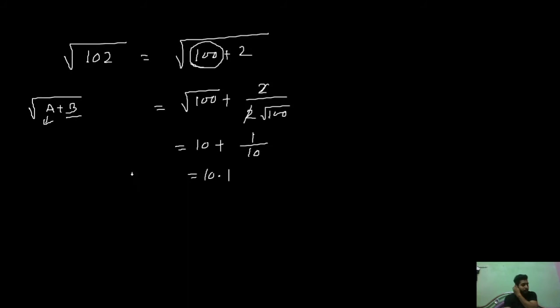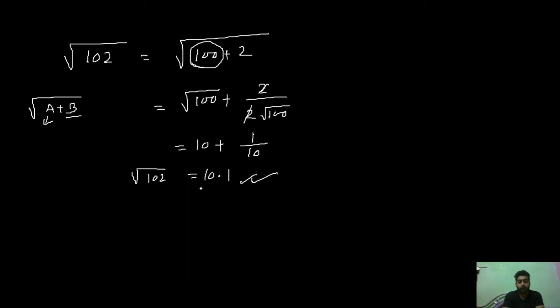So the answer will be nearest to 10.01. It is an approximation method, so it will not give you an exact answer, but it will be nearest to 10.1. So root over of 102 will be nearest to 10.1. That will be the answer of this. Again I am saying this, it is an approximation answer.